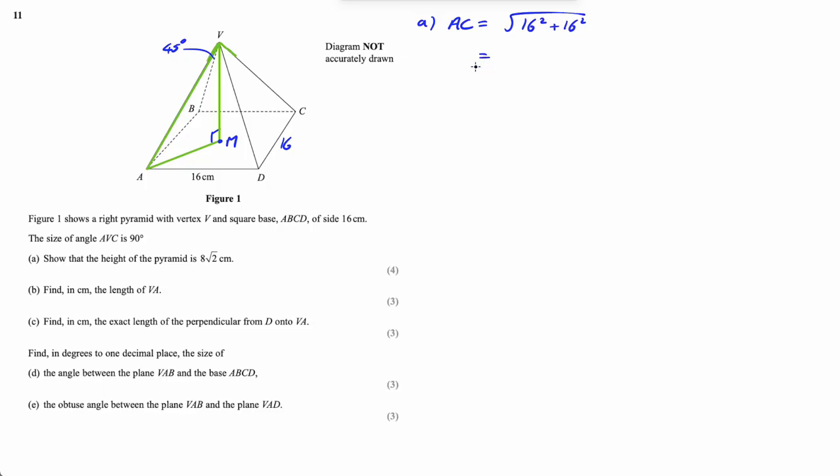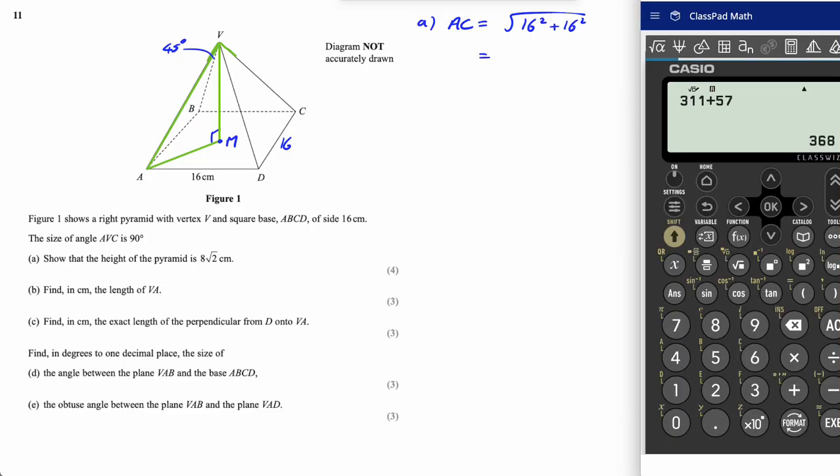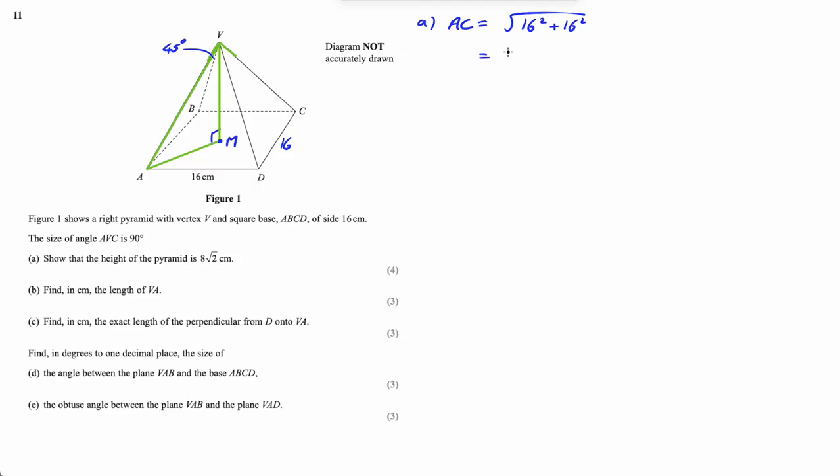That is 16 root 2, which means AM, which is half of that, is 8 root 2.